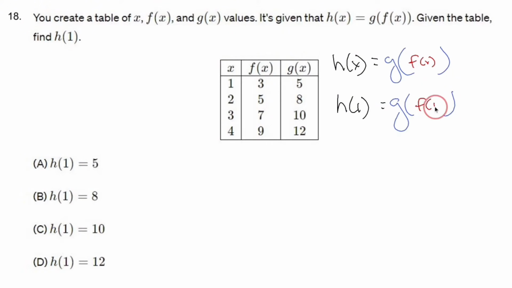Whenever we have a composite function, we always deal with the inside first, f of 1. That means I take my f column, replace x with 1, and find out that 1 maps to 3. So f of 1 is 3. So h of 1 equals g of 3.